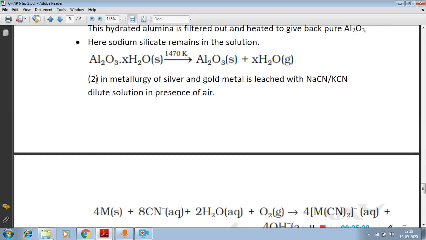Now the second example is of silver and gold metal. These metals are leached with sodium cyanide or potassium cyanide. The solution of dilute NaCN and KCN is reacted with metal silver and gold in the presence of air.